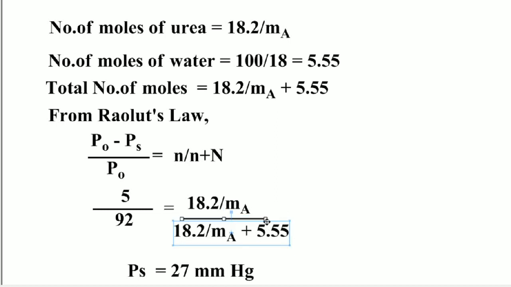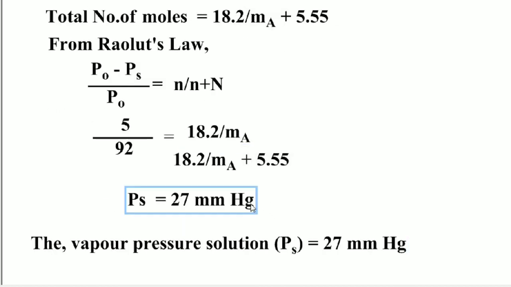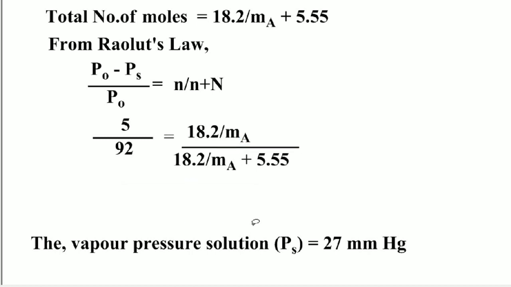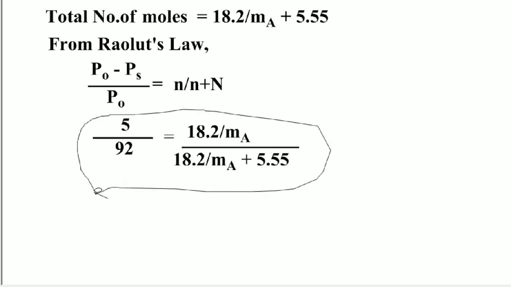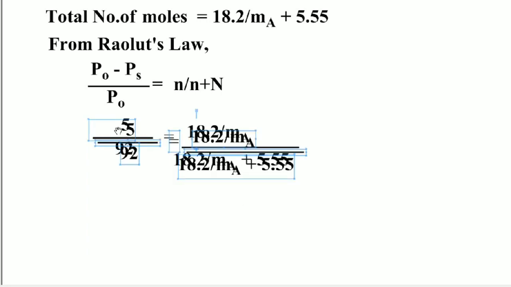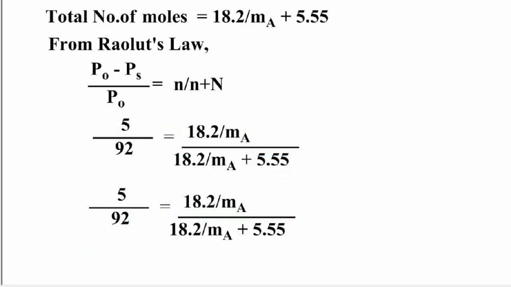On the right hand side, if you divide both numerator and denominator by MA, the equation becomes 5 by 92 is equal to 18.2 divided by 18.2 plus 5.55 MA. This is the form we get when we multiply both numerator and denominator by MA.